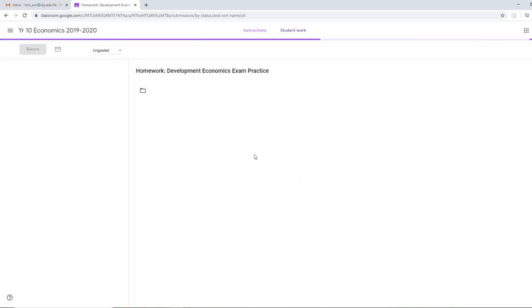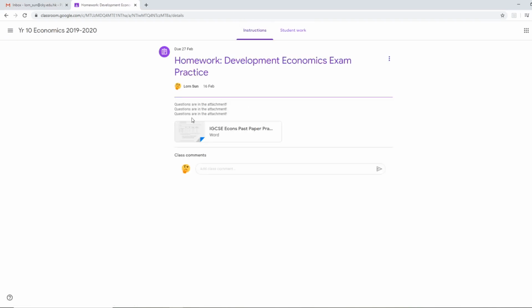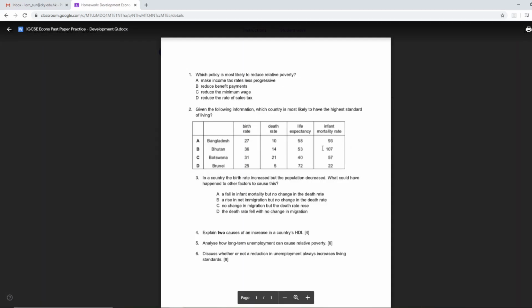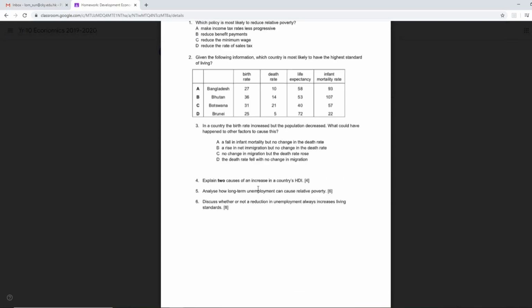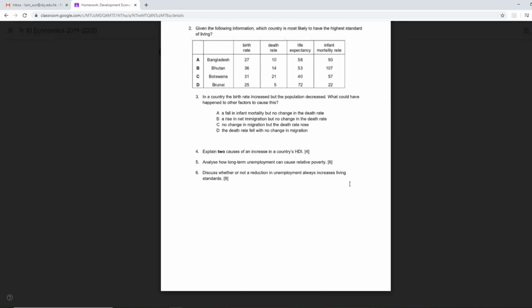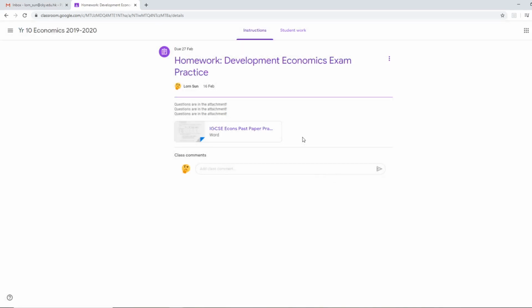In the attachment, I have a Word file. Inside it you will see three MC questions, very simple, and then three short answer questions. Finish it and hand it in on Thursday next week. Very short homework for you this week.